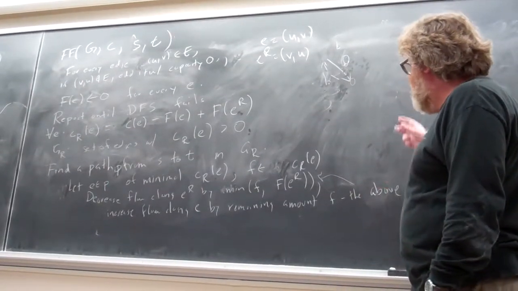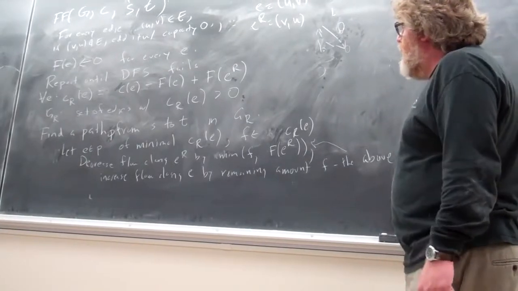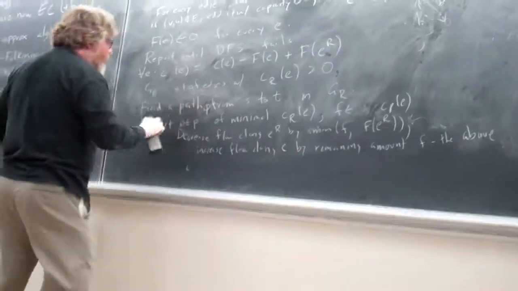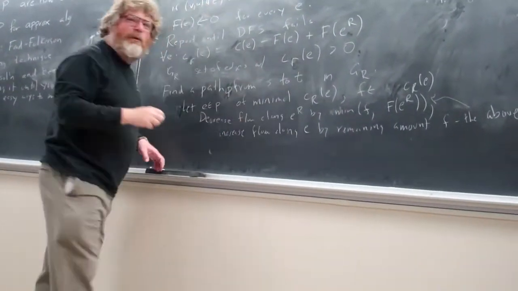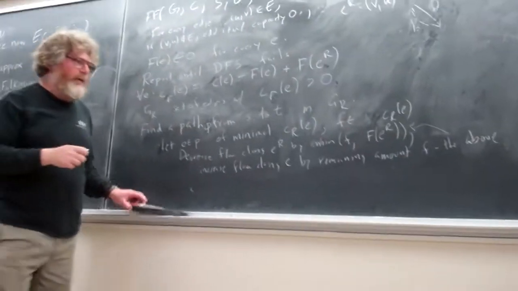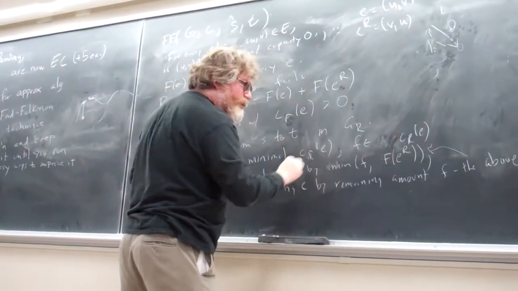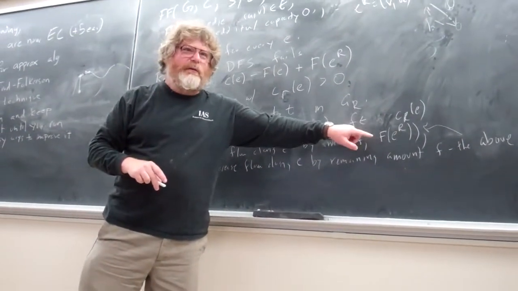Maybe I should use a little r here, because one is reverse and one is residual. They have no logical connection to each other. But this is the actual flow along the reverse edge.